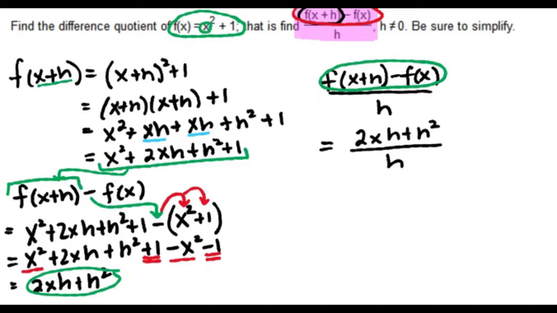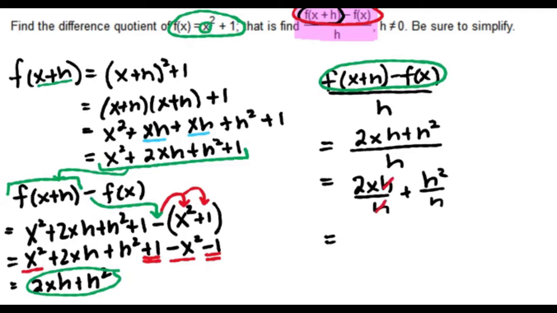We're going to divide that by h, and we have two terms in the numerator, which means that we can distribute the division to those two terms. That would give 2xh over h plus h squared over h.